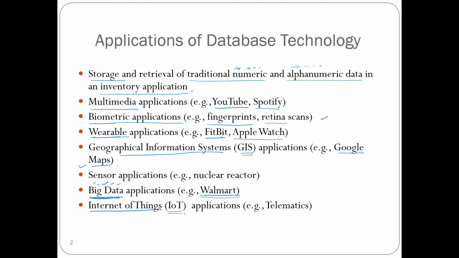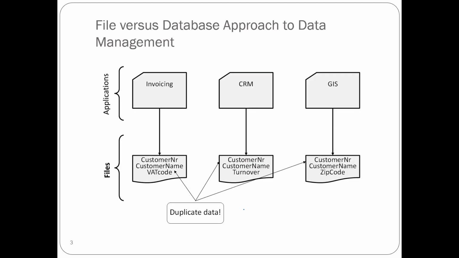These things are very common these days, like Google Nest, if I'm not mistaken. So these devices are also storing data every second, right? So that data also needs proper management, and these are also some interesting applications of database technology.